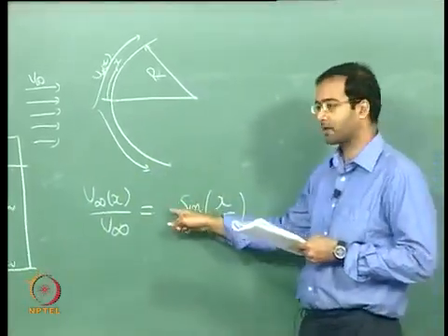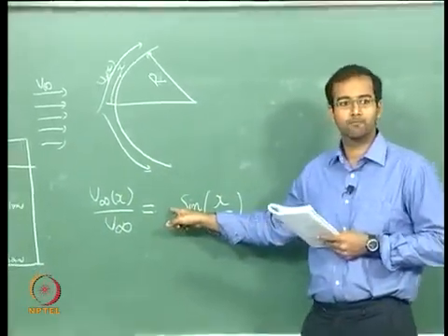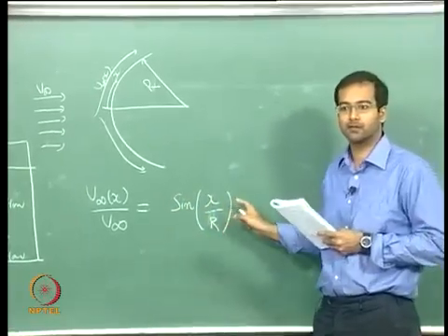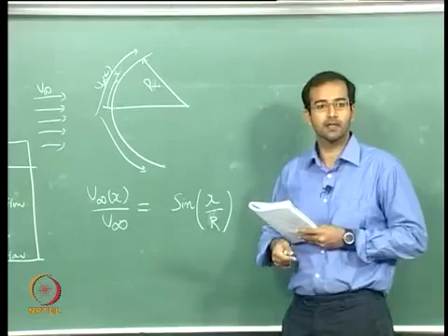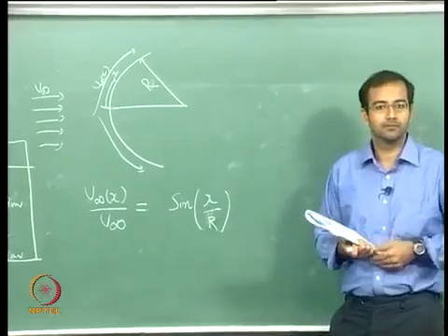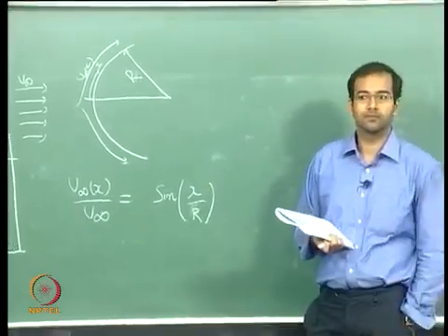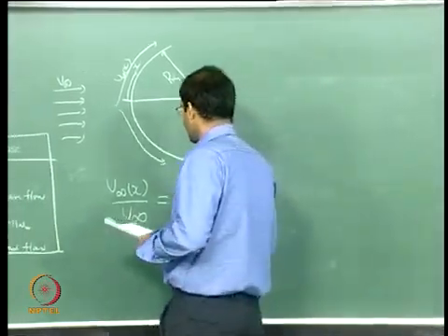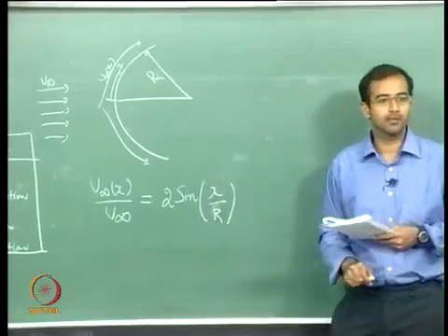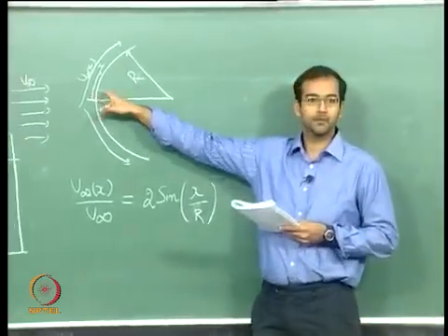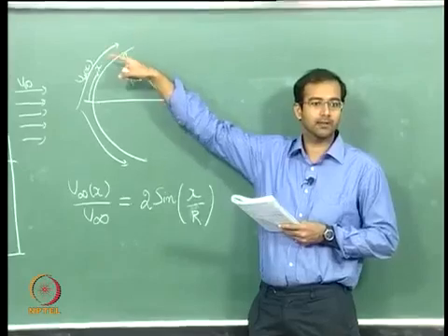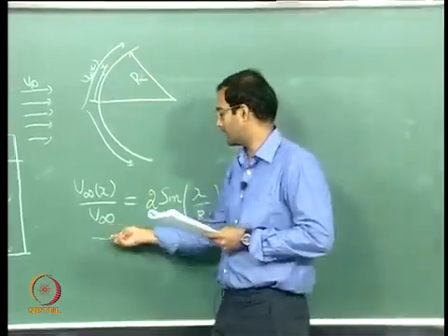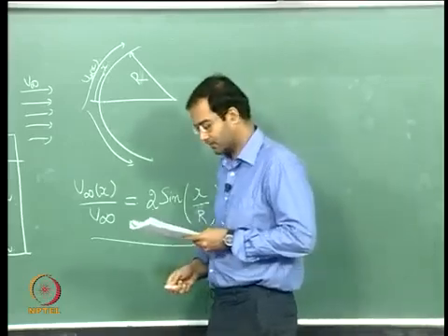And what factor should come here? At x by r equal to pi by 2, this will become 1. Does u infinity become u infinity there? It should be 2, because it becomes exactly twice, because it has to accelerate again from here. Once it accelerates, it has to go more than the free stream velocity there. So this is your inviscid velocity profile for a circular cylinder.